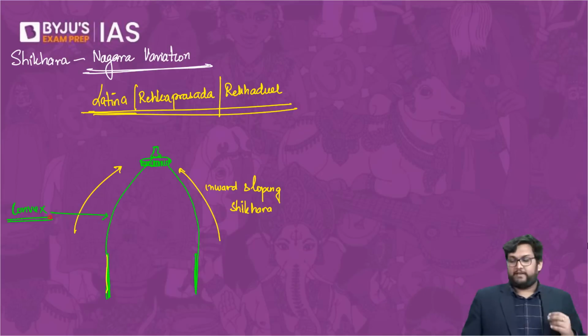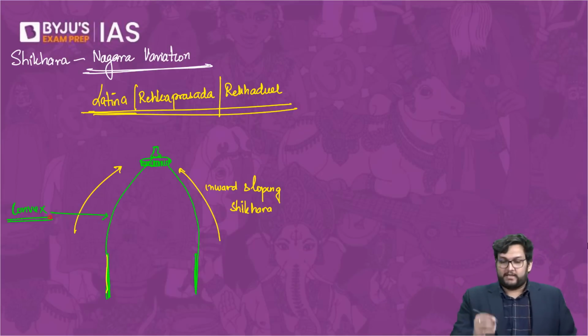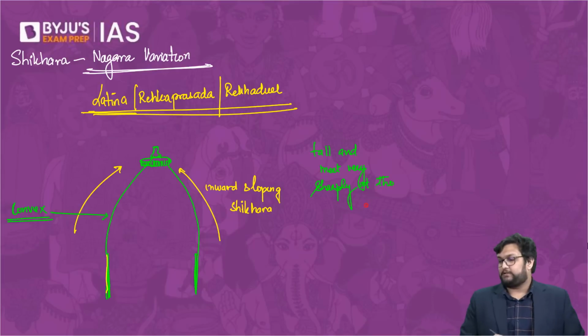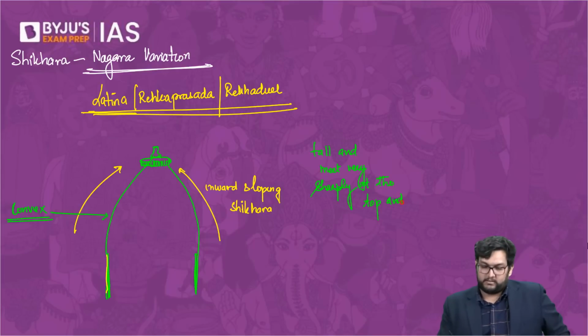Now, very simply, Rekha Prasada, these are very tall and meet very sharply at the top and are curvilinear or convex in shape.